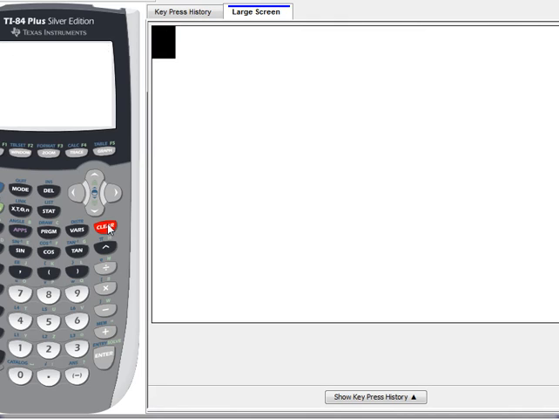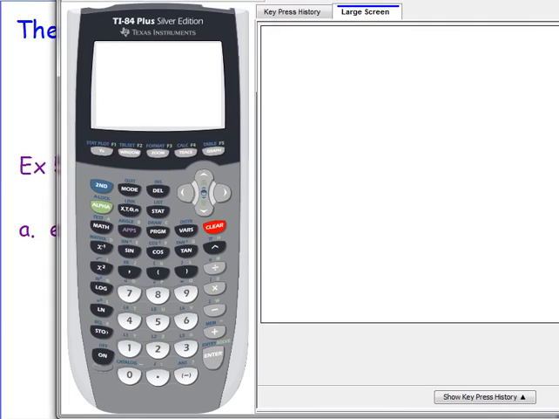Oops, let me get rid of all that stuff. So if you guys see right here, that's the LN button I was talking to you about. If you look right above it, you see e to the power of x.